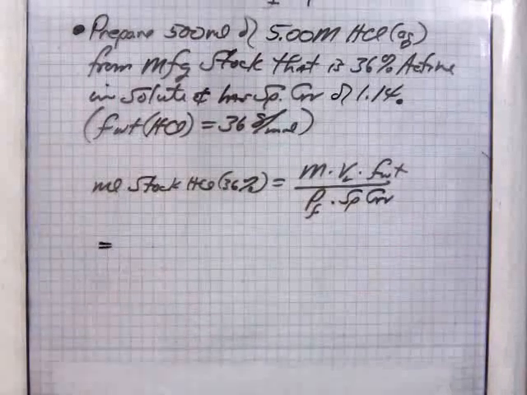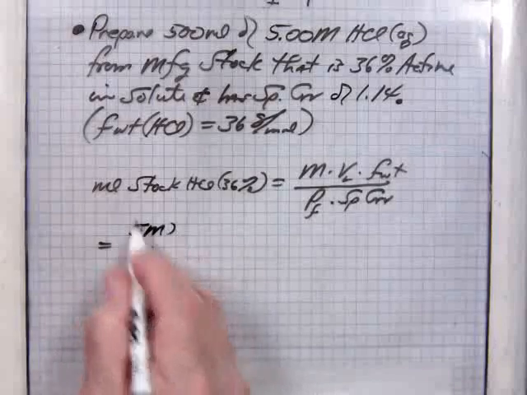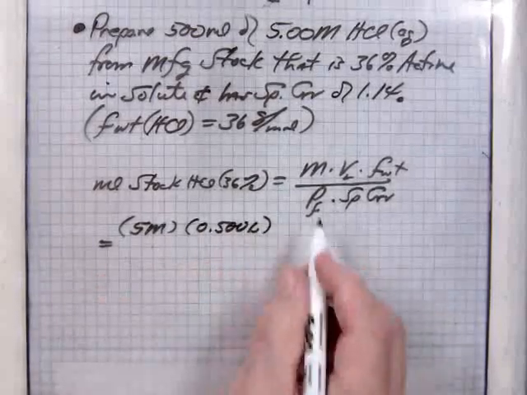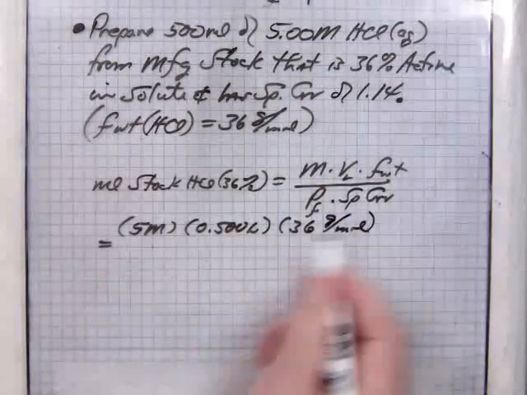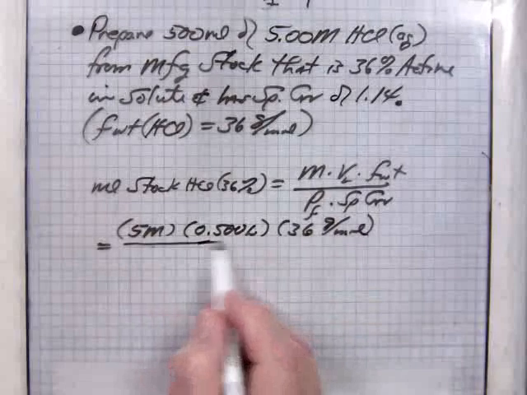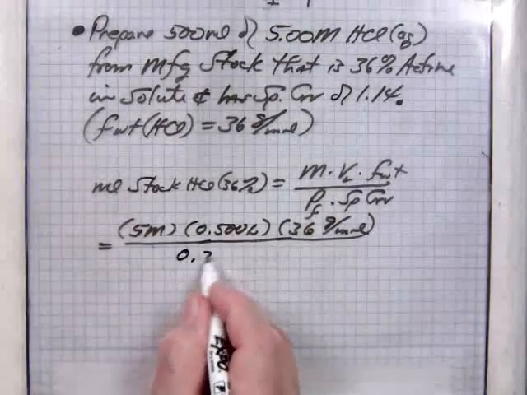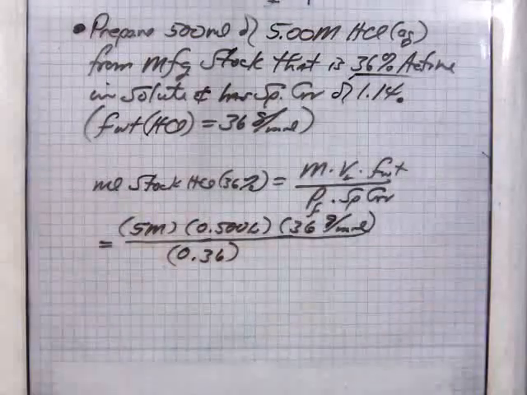So in this case, we need a 5 molar solution, and we need 0.500 liter. Formula weight's 36 grams per mole. A purity factor is 0.36 because you've got a 36% active solution.